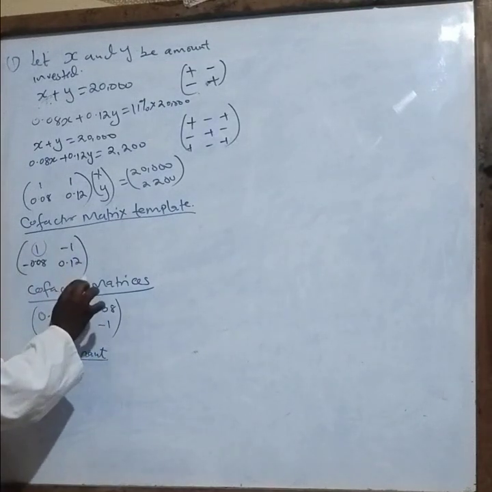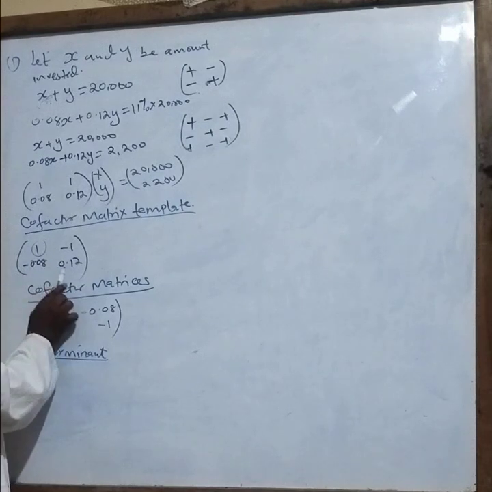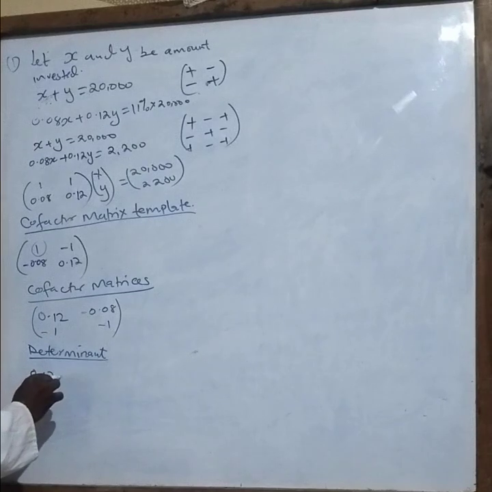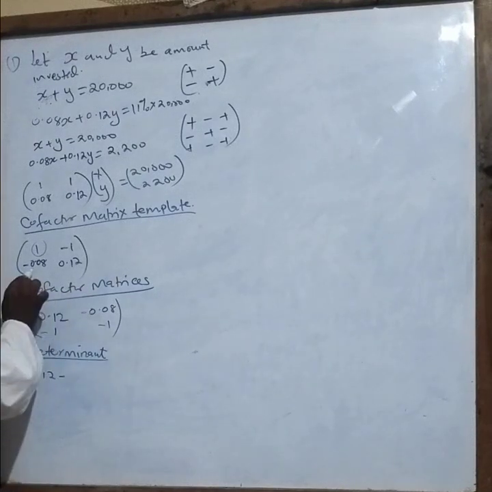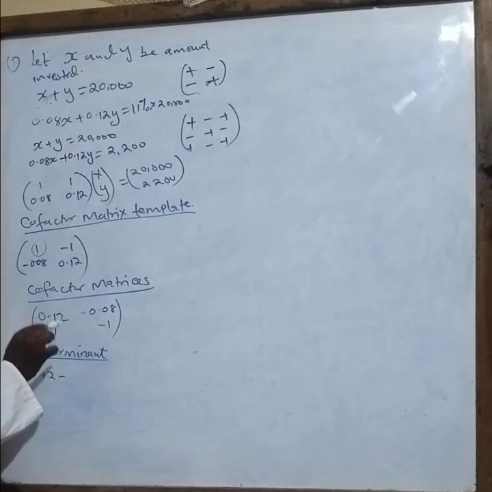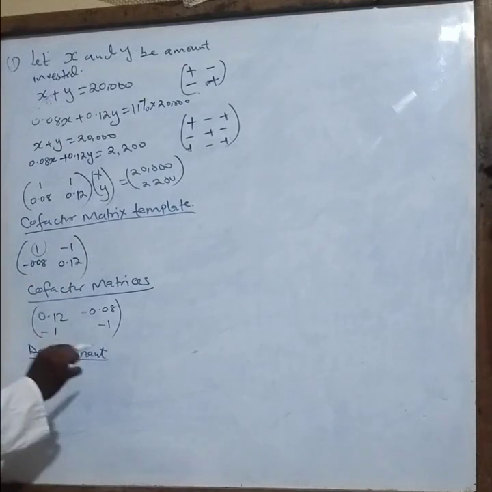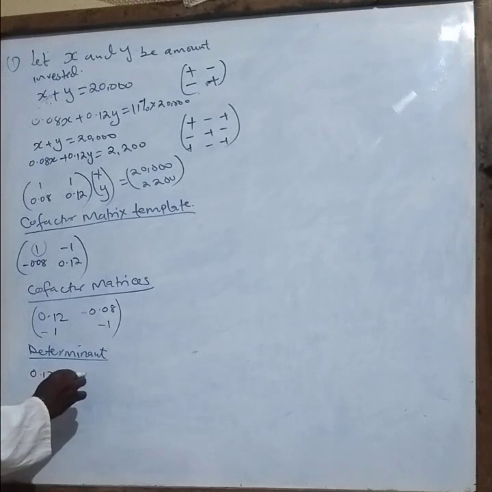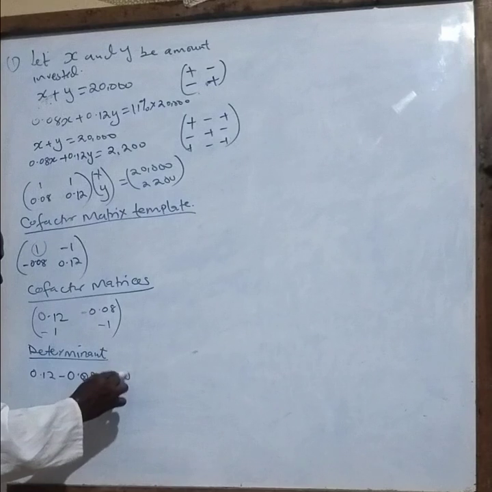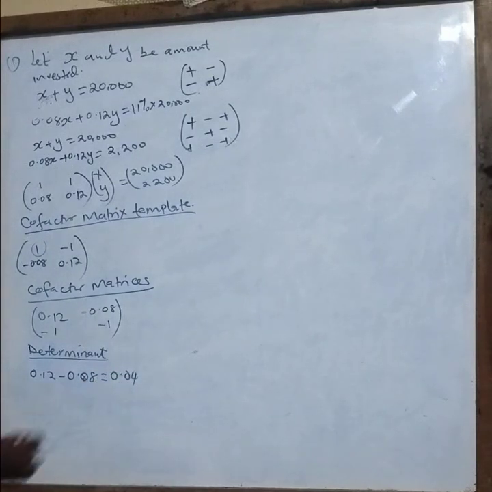So the main diagonal is that: 1 times 0.12 is 0.12, minus the product of the minor diagonal, negative 0.08 times negative 1, which gives you positive 0.08, which means I'm subtracting that now, like that. So your answer is 0.04. So this is your matrix.